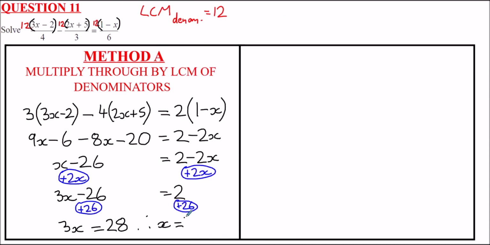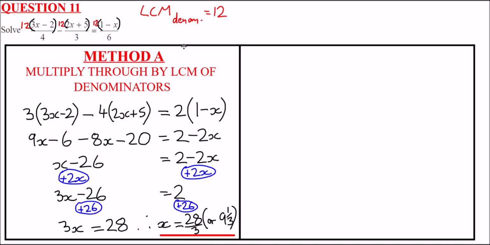So x equals 28 over 3, or you could say 9 1/3. So that's probably the most standard method for doing that. Whoops, I mean say 28 over 3. That is important, that could have been a bit of a mess. So 28 over 3, my apologies, that needs to say 28 over 3, like that.